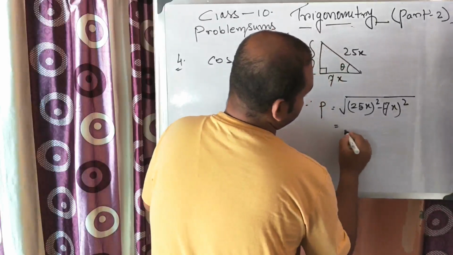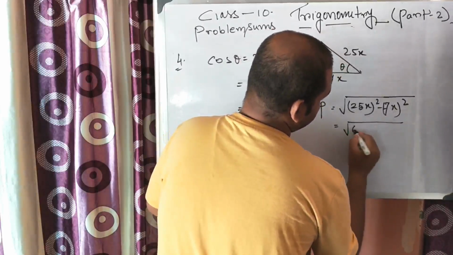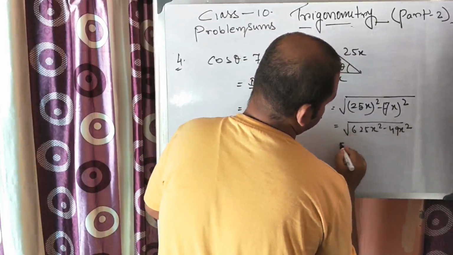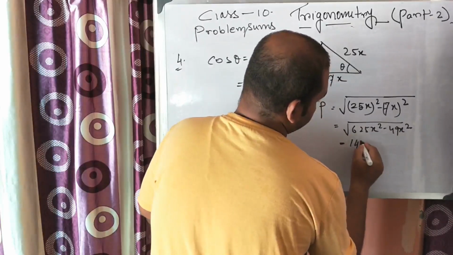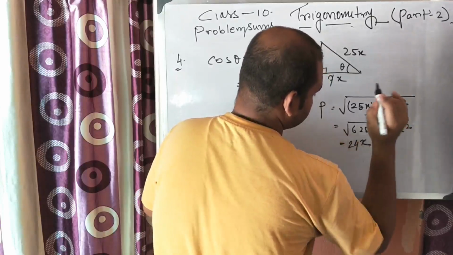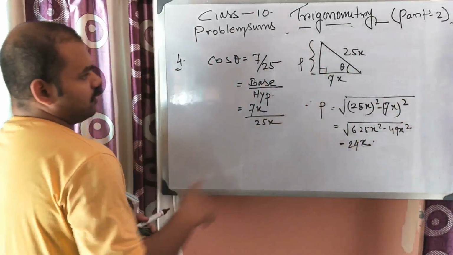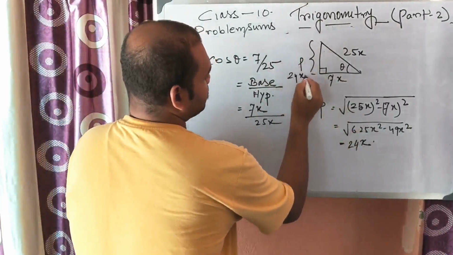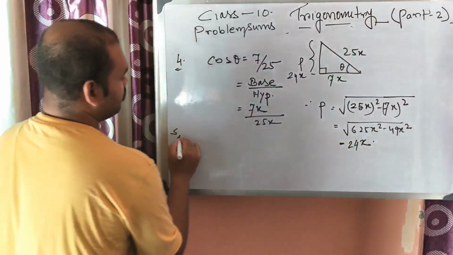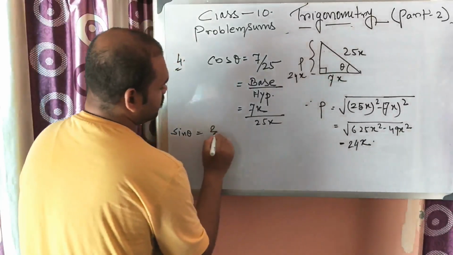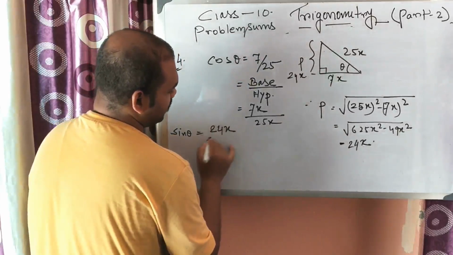So it will be 625x square minus 49x square, and ultimately we will get 24x. So P is 24x. Now very easy, write down sin theta. Sin theta is perpendicular by hypotenuse, that is 24x by 25x.